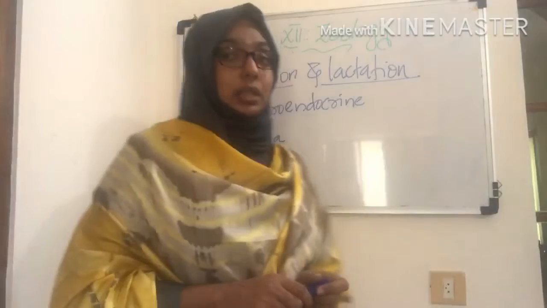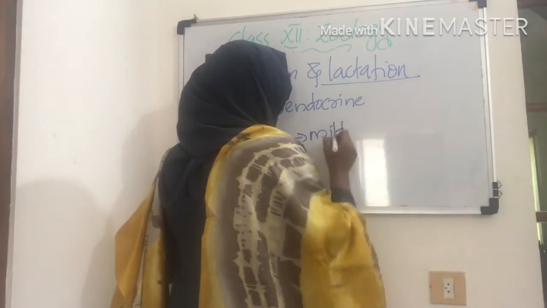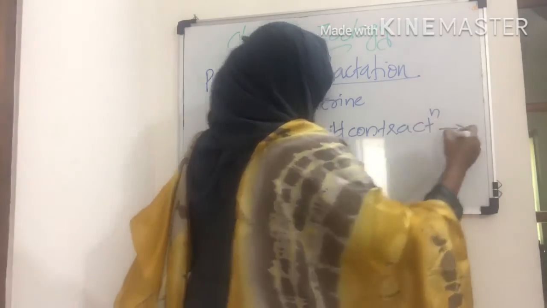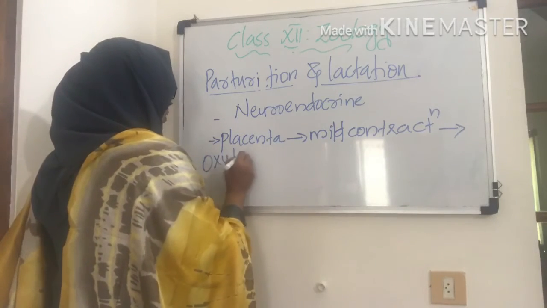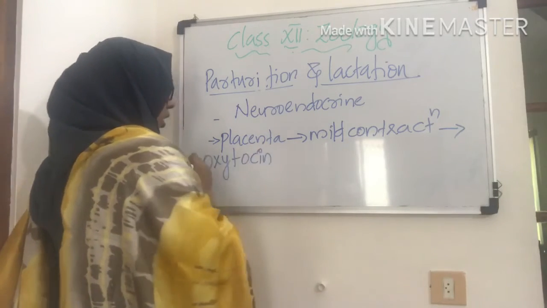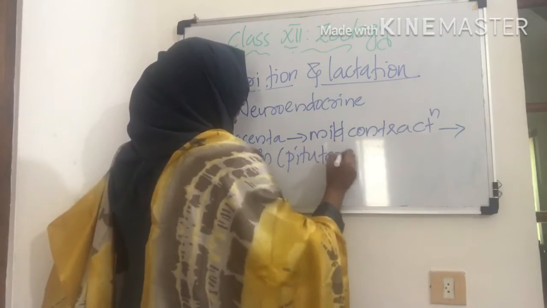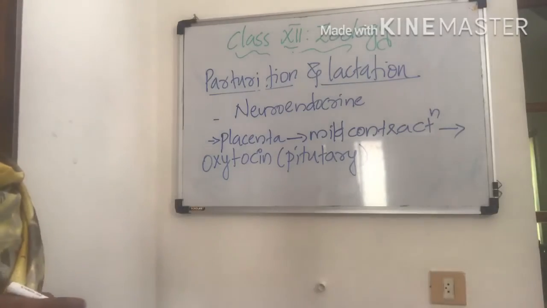Due to the mild contraction of the uterus, this induces the release of oxytocin hormone from the maternal pituitary gland. Clear? Now, what does this oxytocin create?